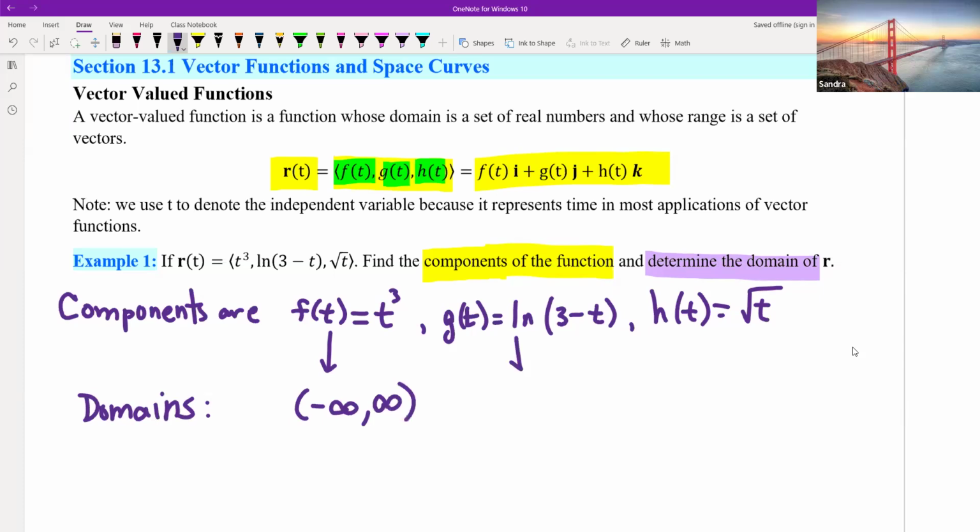What's the domain for g of t? We have ln, which is a log, and its argument, which is 3 minus t. 3 minus t cannot be a negative number, so this has to be strictly positive.